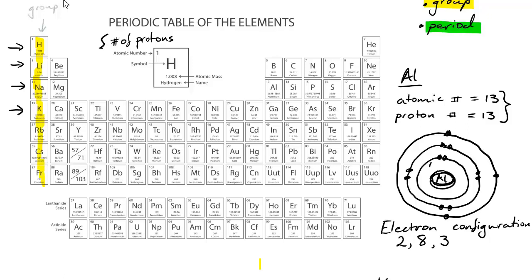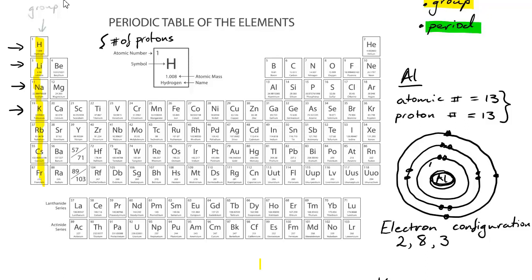All these elements down the group have similar properties, and the reason why is because they all just have one electron in the outermost shell. See, potassium has one electron, which we just drew out, in its final shell. So does sodium.